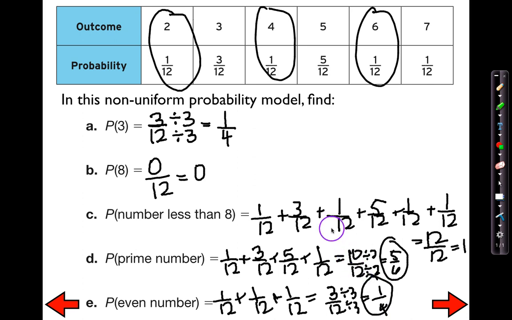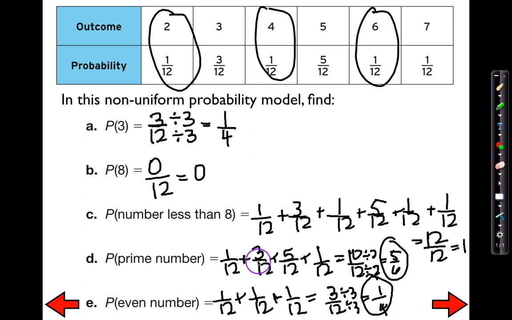Now, as we're doing this, we could have also considered the complement. So let's go back here. They asked us for the probability of getting a number less than 8, so the complement would be getting a number more than 8. So that would have been none. So what's the complement of 0? It would be 1. So here, what's the probability of getting a prime number?